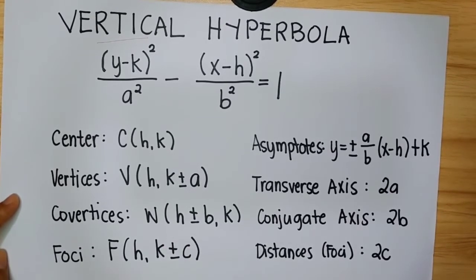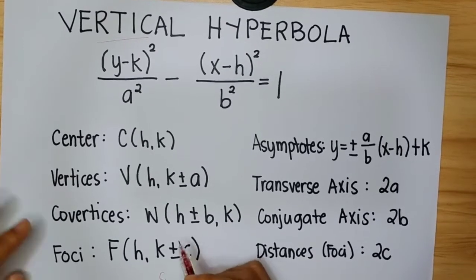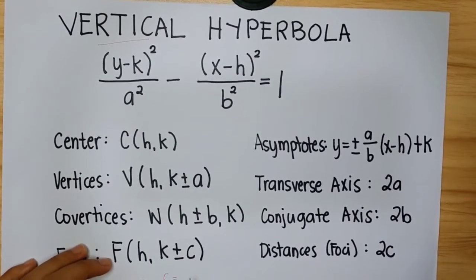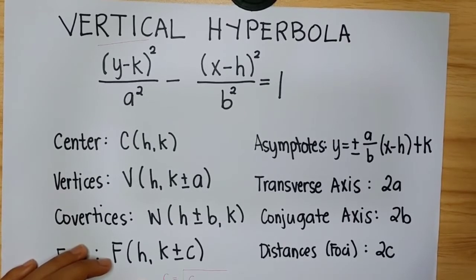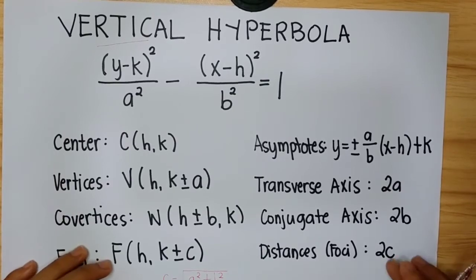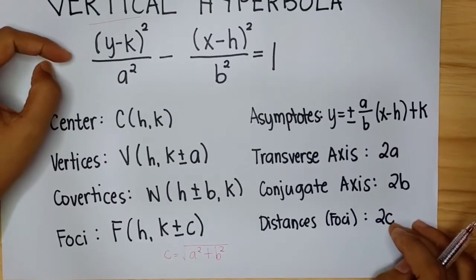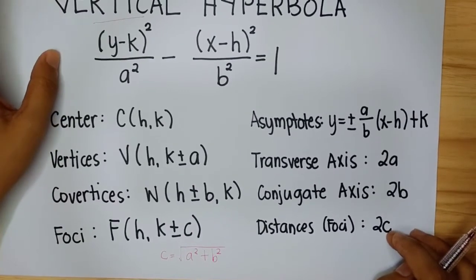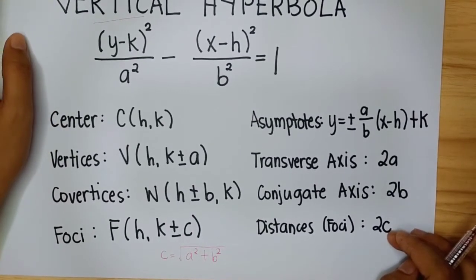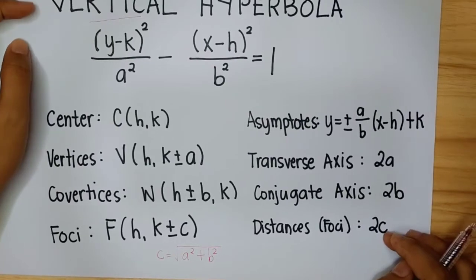We already know how to solve for c: c is equal to the square root of a squared plus b squared. We discussed that last time when we solved for our horizontal hyperbola.